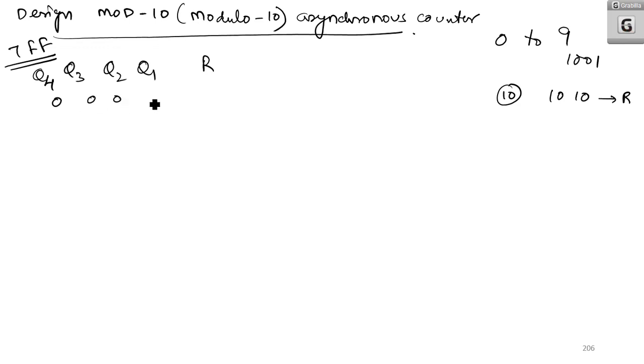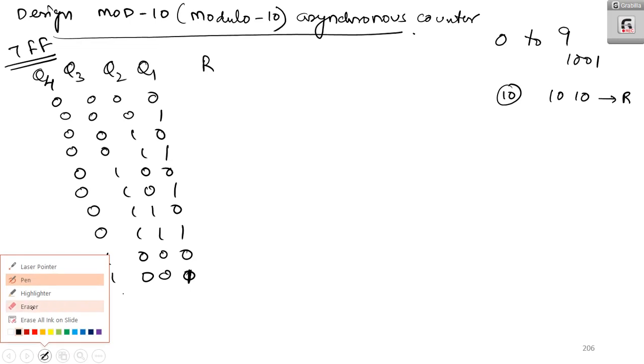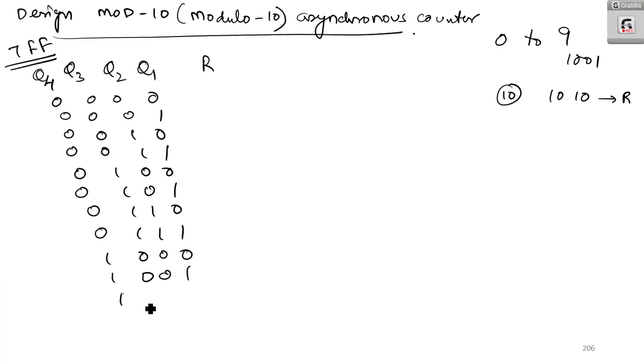1, 0, 1, 2, 3, 4, 5, 6, 7, 8, 9. I'll get 1 here. This 9, and at 10 we should get reset equal to 1.